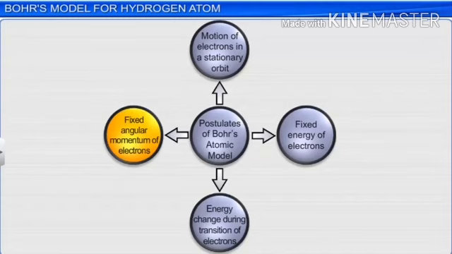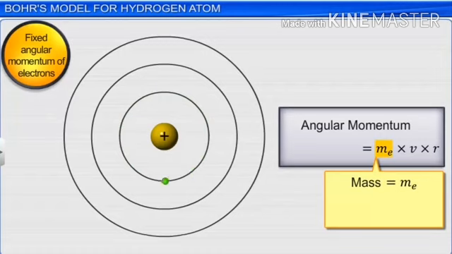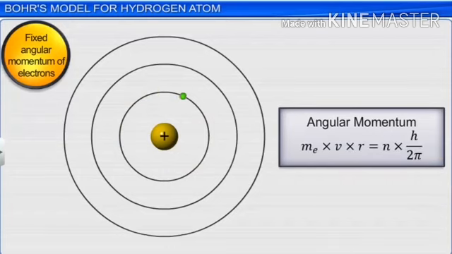The fourth postulate of Bohr's atomic model tells about the angular momentum of the electrons. The electron moving around in a particular stationary state has an angular momentum. This angular momentum is given by the relation m_e v r, where m_e is the mass of the electron, v is the velocity, and r is the radius of the orbit in which it is revolving.